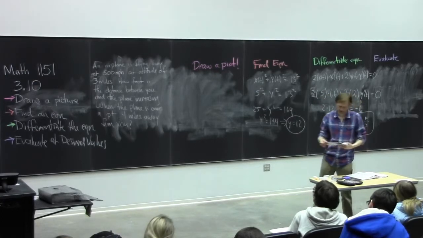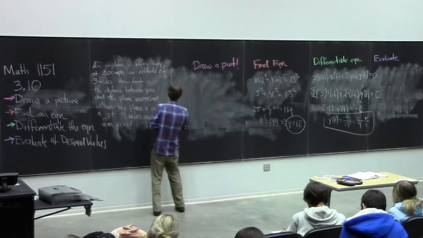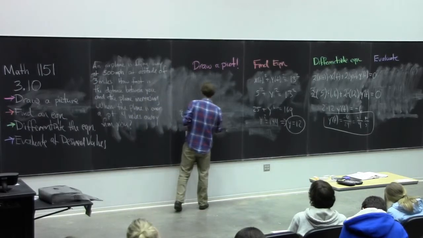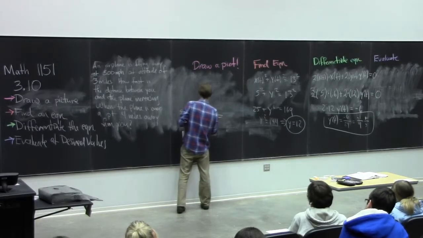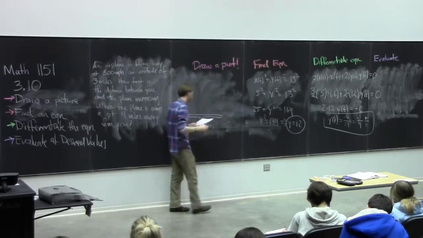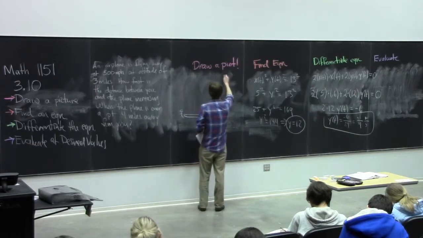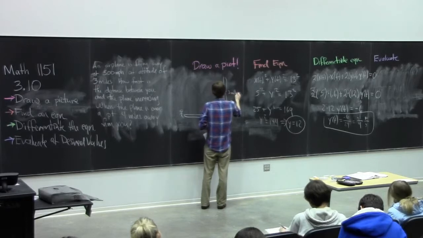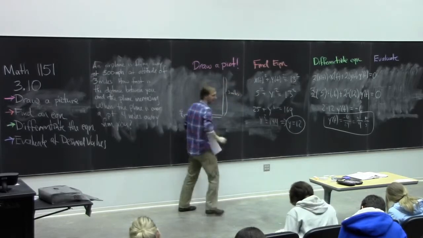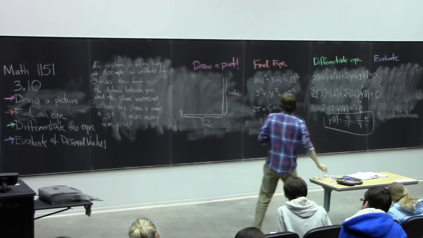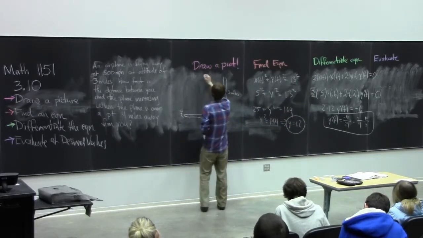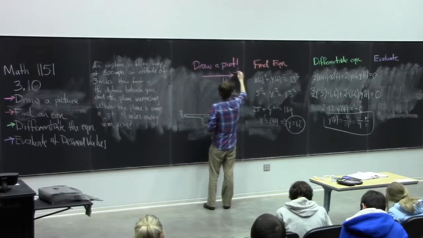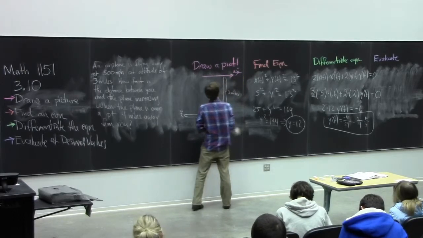So here's a good picture. Here we are, there's us. And here's 4 miles. And the altitude of the plane is 3 miles. And how fast is the plane moving? That's supposed to be an airplane.